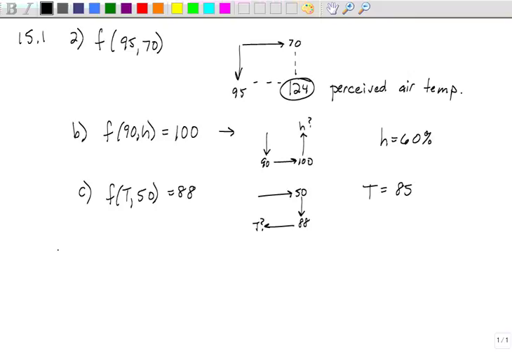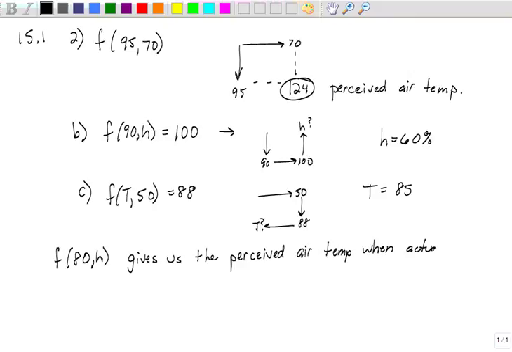Now, f of 80, H gives us the perceived air temperature when the actual temperature is 80 degrees, and the humidity varies.